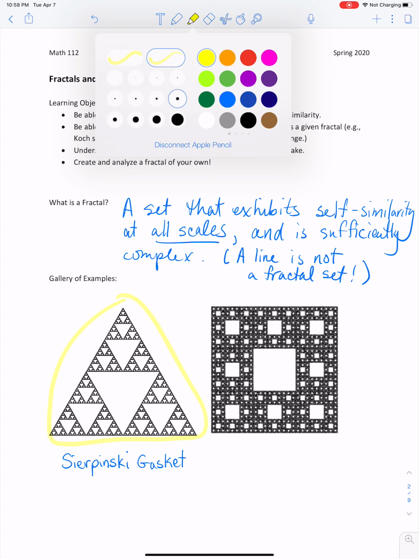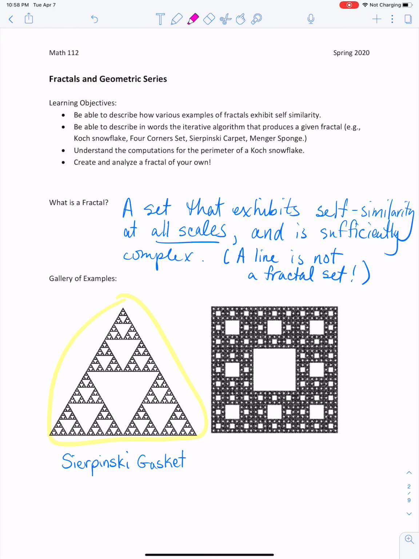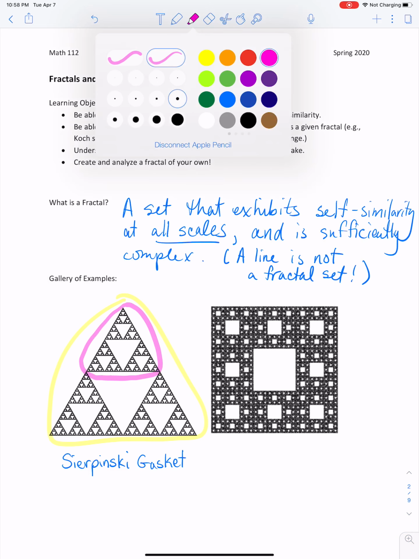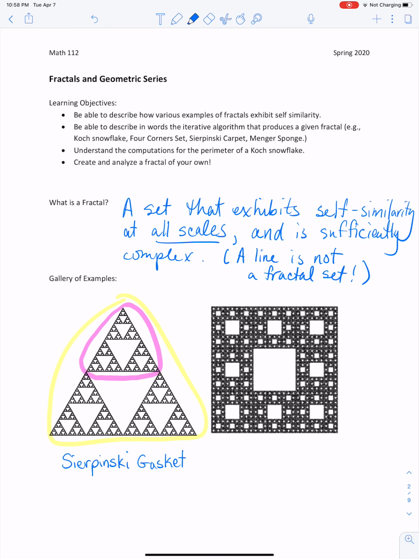If I was to zoom in on just the top piece here, if I was to blow it up, it would look exactly like the original yellow piece. And if I was to zoom in again, I could zoom in on any one of these three smaller triangles.